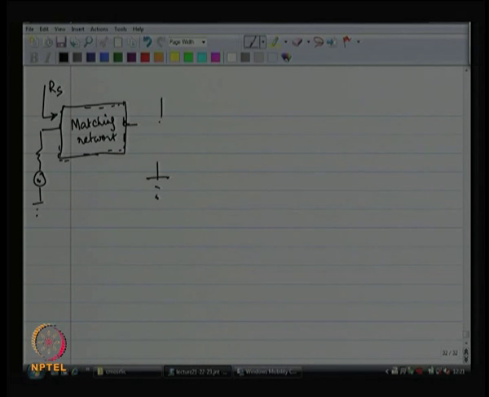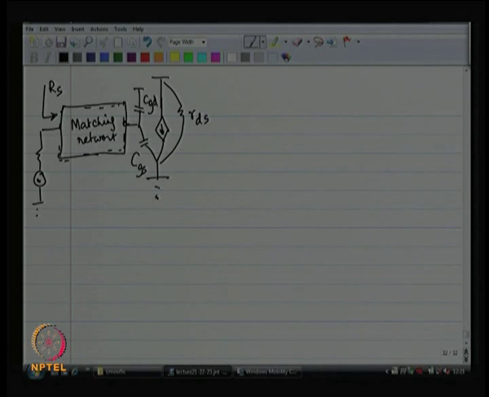So, the normal MOSFET model is this. Let us say that drain is at ground, small signal ground, or you are driving a small impedance with the MOSFET. So, drain is almost at ground potential. So, this is the normal MOSFET model.